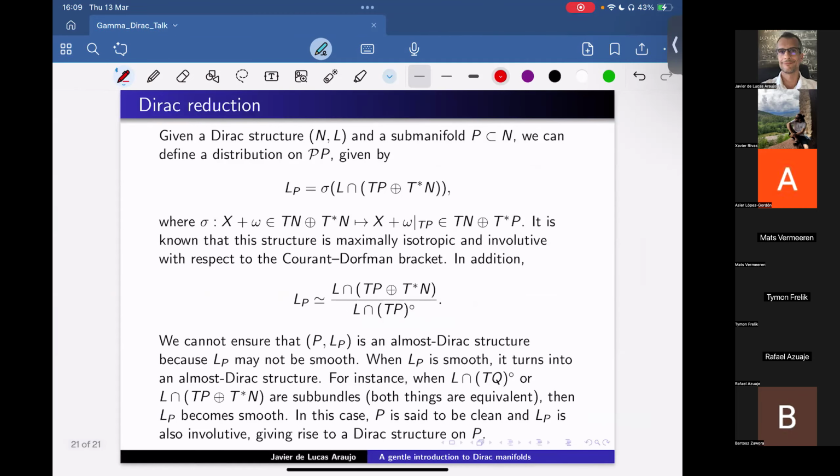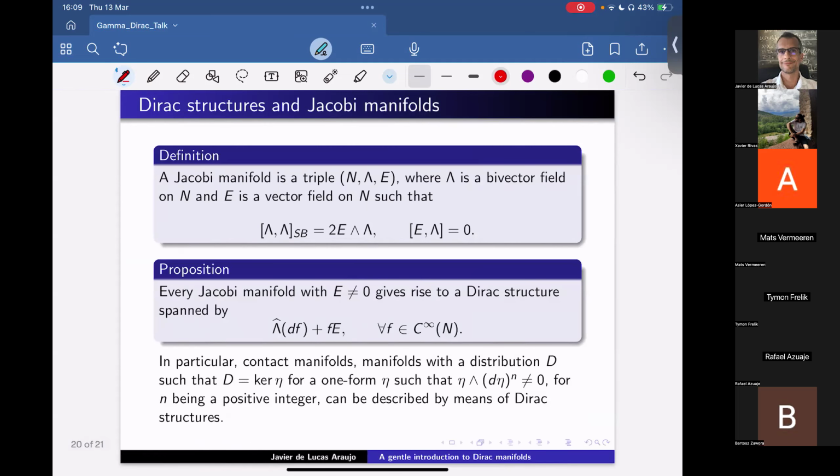For example, you can perform Dirac reduction, a Marsden-Weinstein-type reduction of Dirac structures, and you can use this to reduce, for example, integrable systems. And the other thing I wanted to tell you to finish is that Dirac structures contain as particular cases many geometric structures. For example, Jacobi manifolds and contact manifolds are particular cases of this.